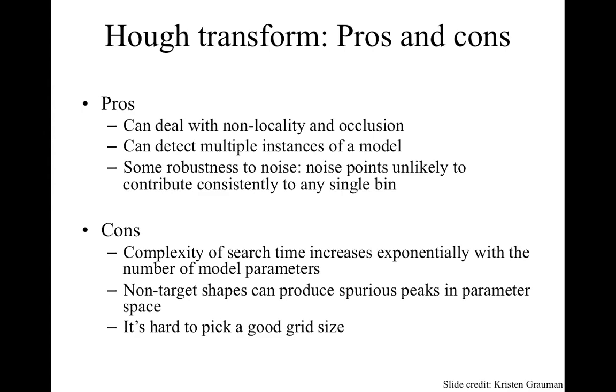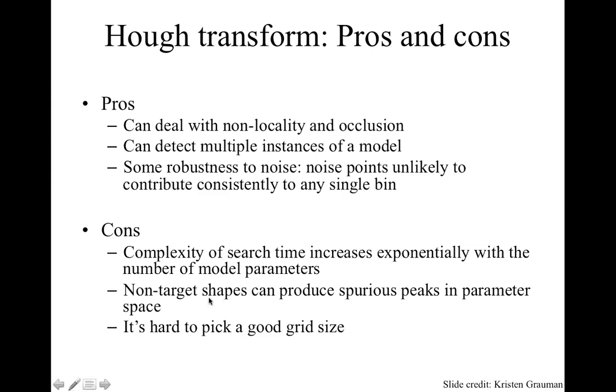Then of course you will have a bigger voting space. So in the circle case, you saw that now you have a 3D space. You have to find the cell which has the optimal r, the optimal a, and the optimal b. Of course, if you go to many dimensions, you have the curse of dimensionality. So it will be hard to search, but also to find a good solution.